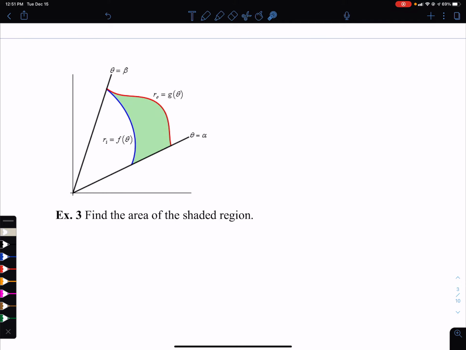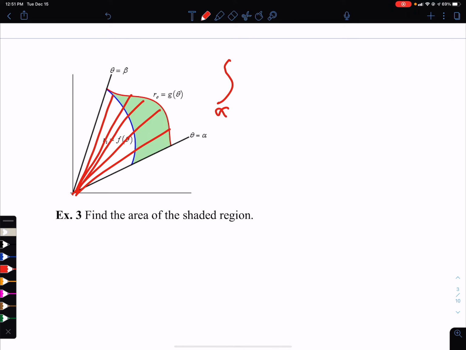Well, how am I going to do this? Well, I can find the area of this red region. Now the problem with that, I have too much, because that covers the green, but it has extra stuff. But the area of the red is going to be the integral from alpha to beta of 1/2 r squared. The radius is g of theta, d theta.